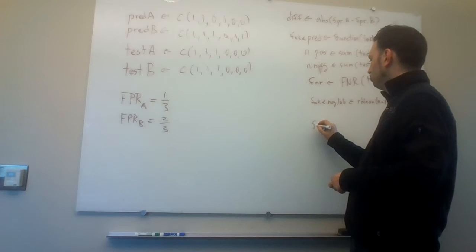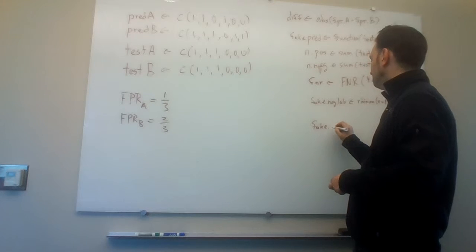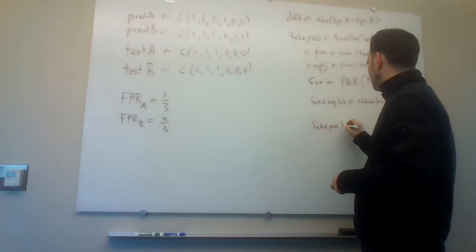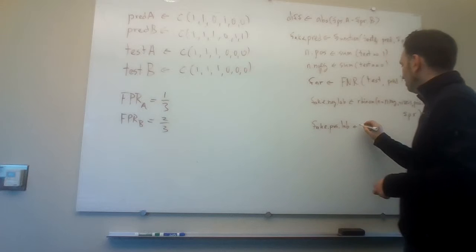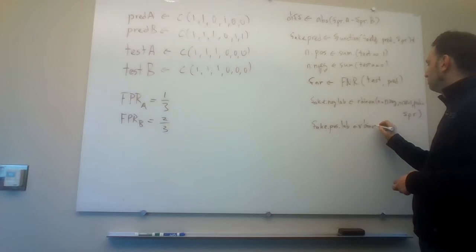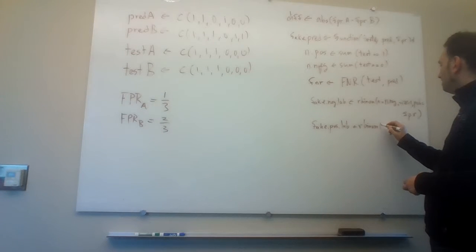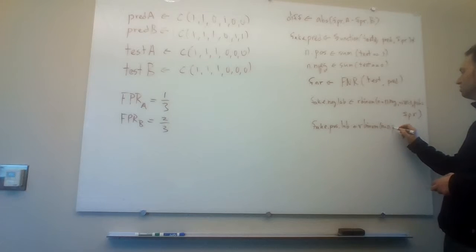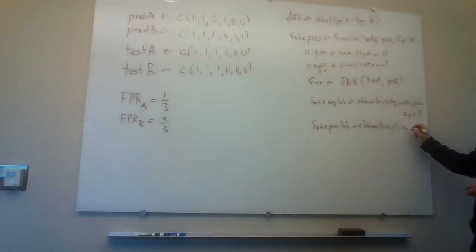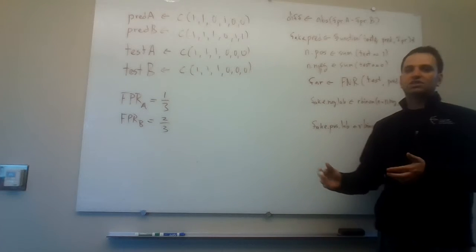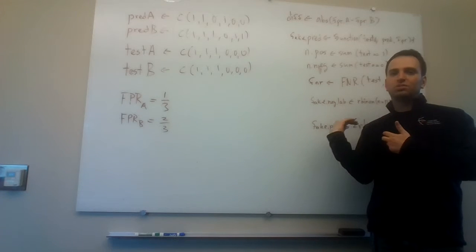So in the same way, we'll generate the fake positive labels. So that's going to be our binom, and the n is going to be n pos, and the size is going to be 1, because every time we want either 0 or 1, so that means size 1.